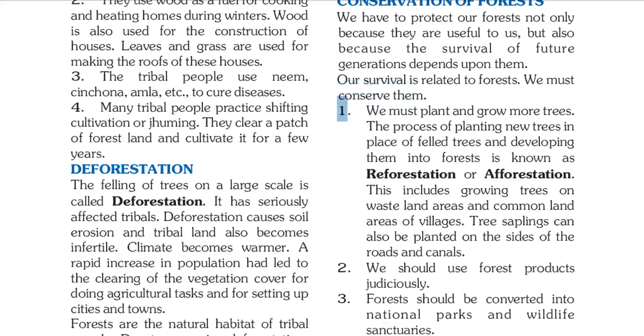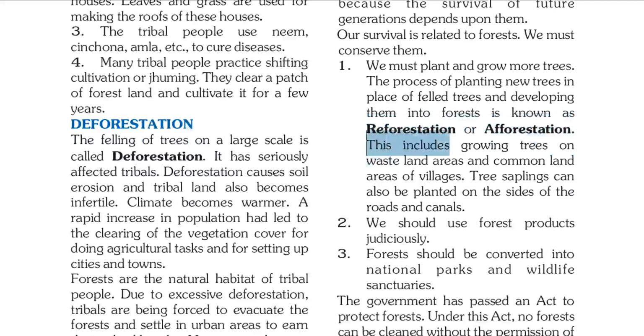Number 1. We must plant and grow more trees. The process of planting new trees in place of felled trees and developing them into forest is known as reforestation or afforestation.